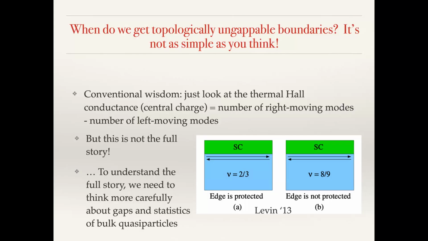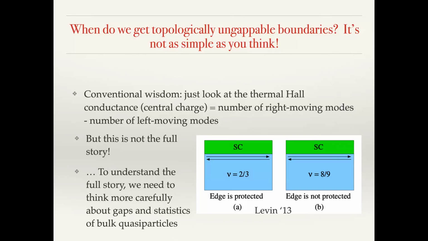And he pointed out that even when the central charge is 0, you can have situations where the edge cannot be gapped. This is not a statement about the edge cannot be gapped without breaking a symmetry. This is a statement about the edge cannot be gapped, period, ever. Okay. And so why is this?